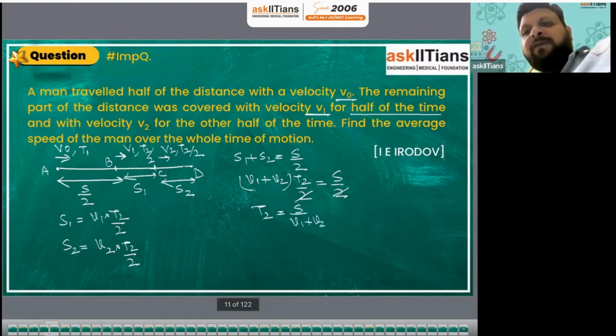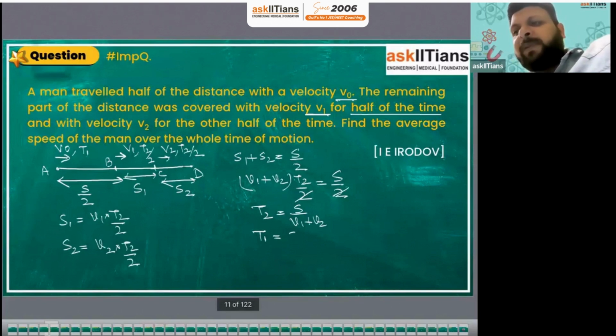Now we have the value of t2. We have to find out t1. So t1, again, time is equal to distance upon speed. So distance for the first half will be S by 2 and speed is v0.